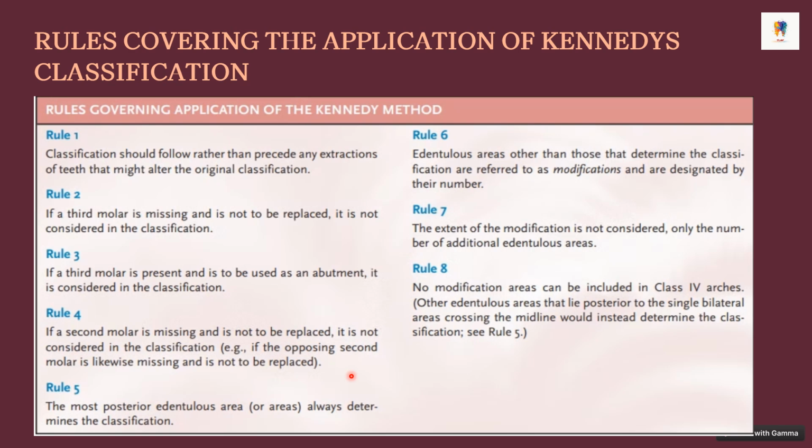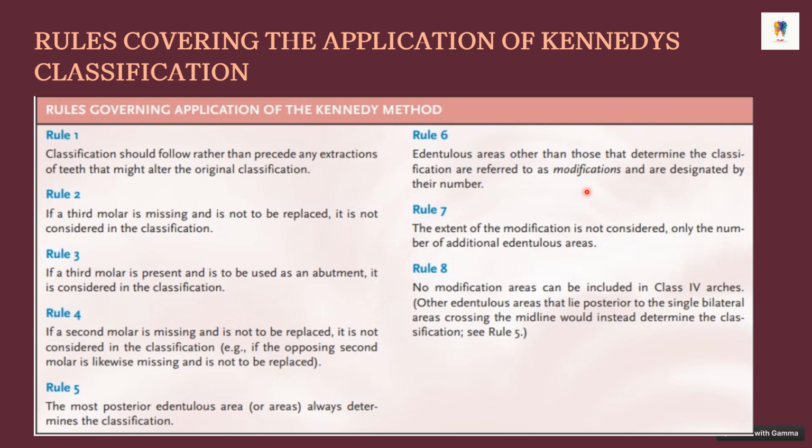If such an edentulous area is present, then that area will be determining your classification. Which kind of class is that? Basic class. Okay, then rule 6 states that edentulous areas other than those that determine the classification are referred to as modification areas and are designated by their number.